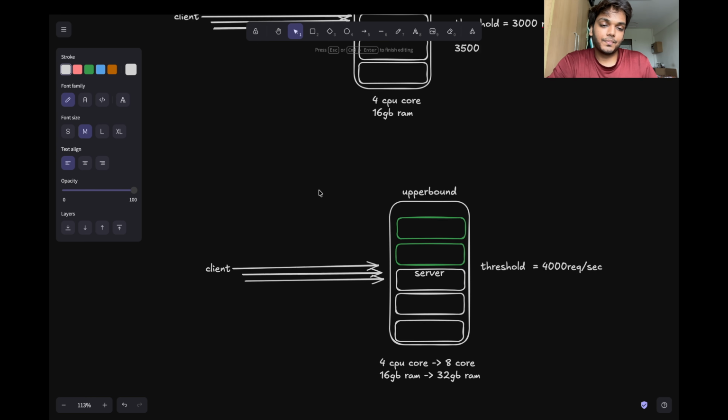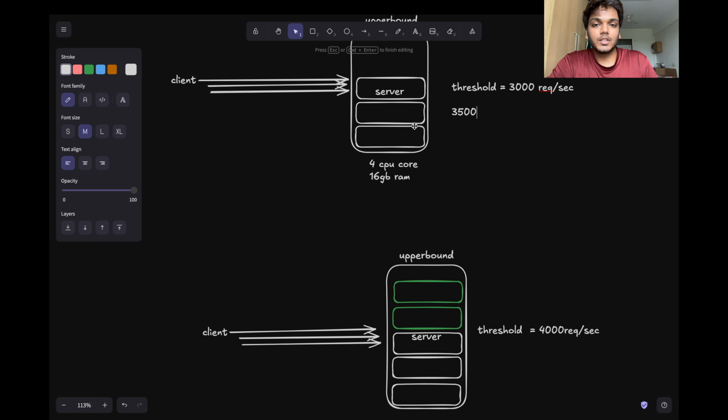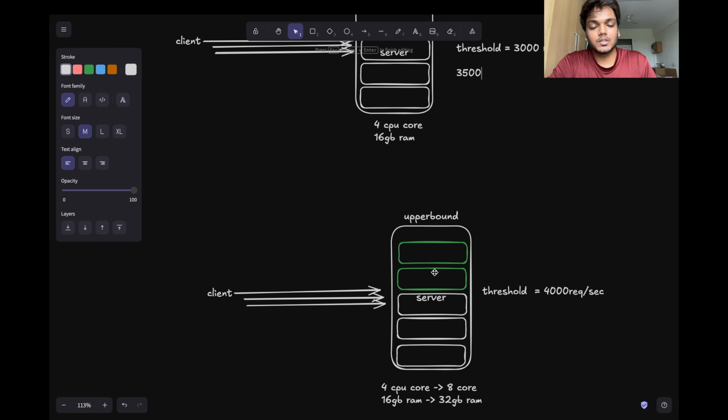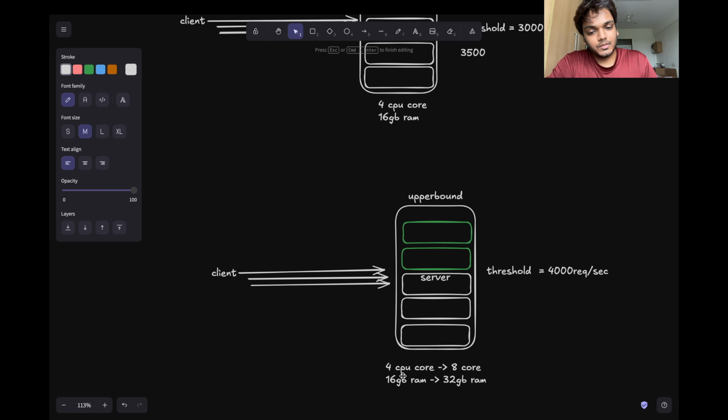So we did so. Initially the threshold was 3000, and we add more computing resources. The 4 CPU cores increase to, let's suppose, 8 cores. It could be any number of cores, 5, 6, 7, even 100. And the 16 GB of RAM was upgraded to, for suppose, 32 GB.